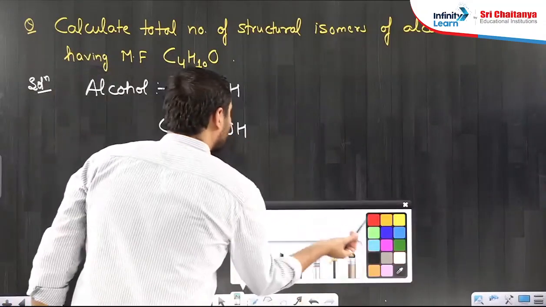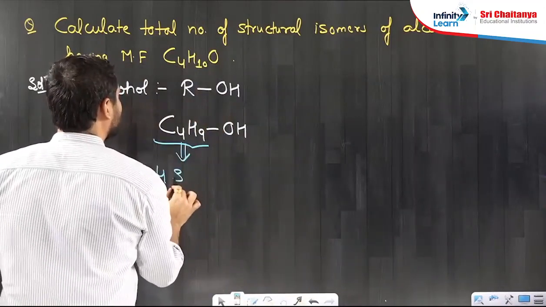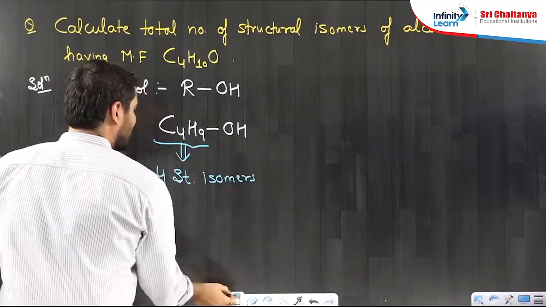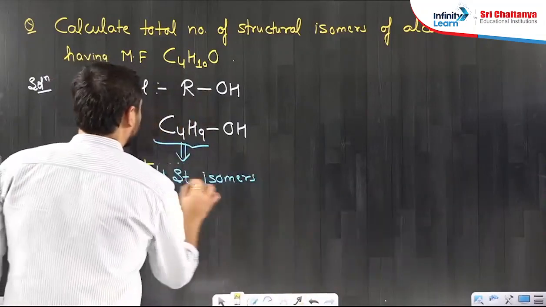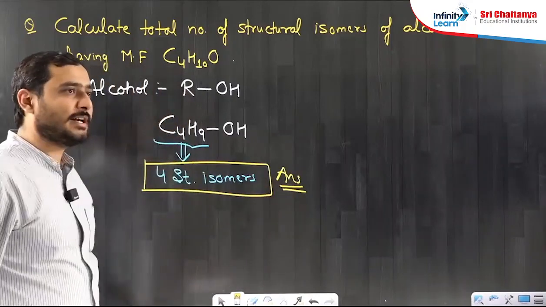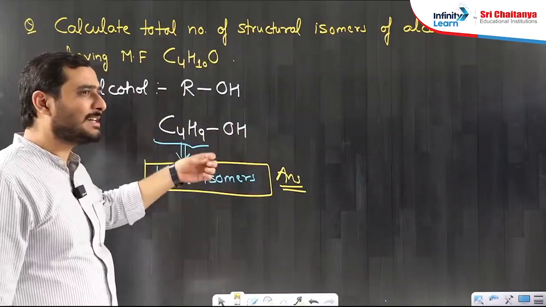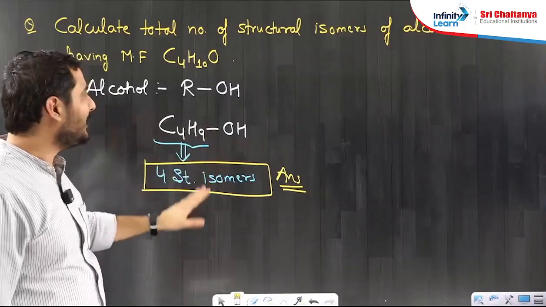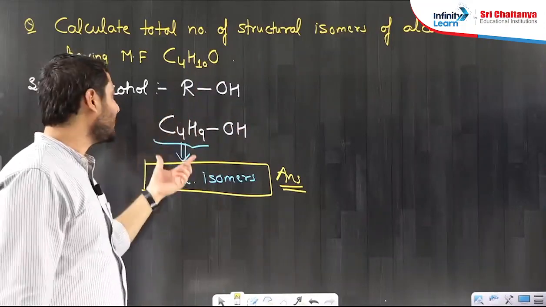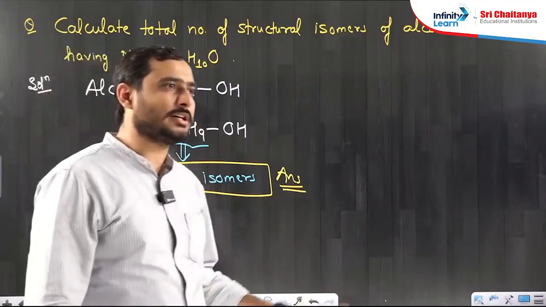And how many isomers of C4H9 are possible? 4 structural isomers are possible. So the answer for this question is 4 structural isomers. Whenever these types of questions are asked, there is no need to draw structures. Directly we can mark OH separate. What is left? C4H9. And for C4H9 there are 4 isomers. So the direct answer is 4. No need to draw the structures.